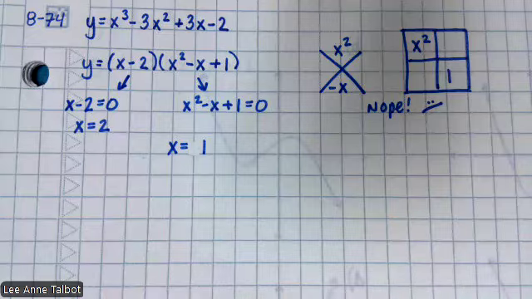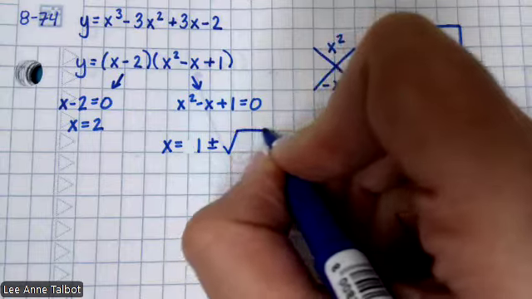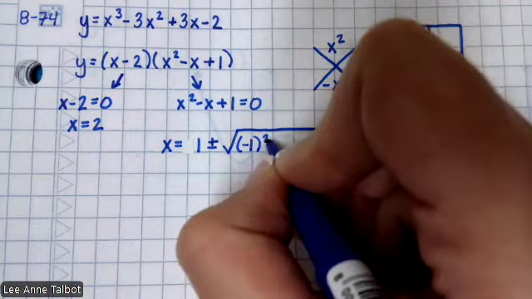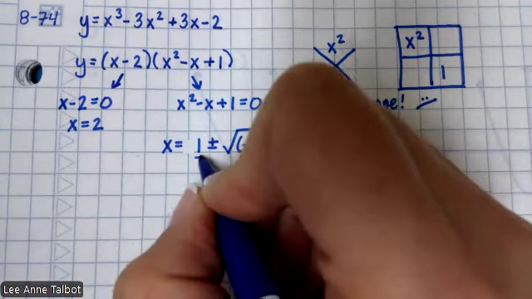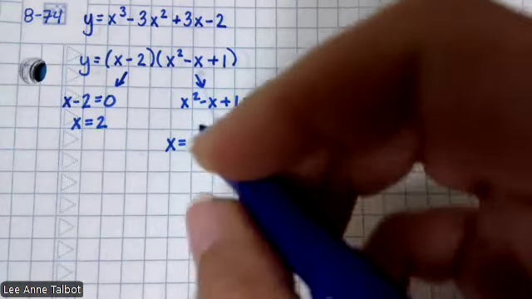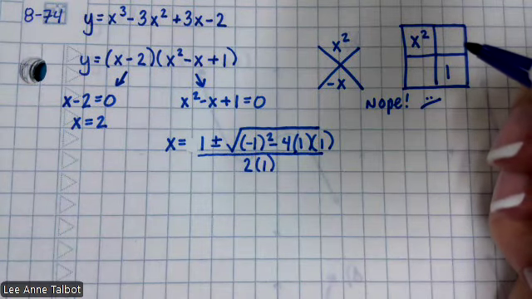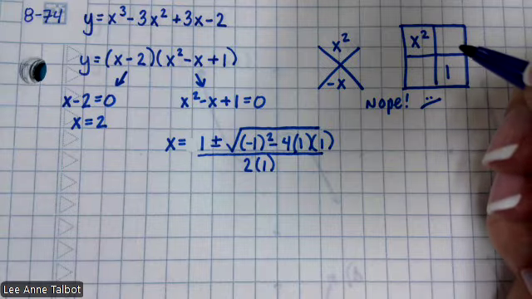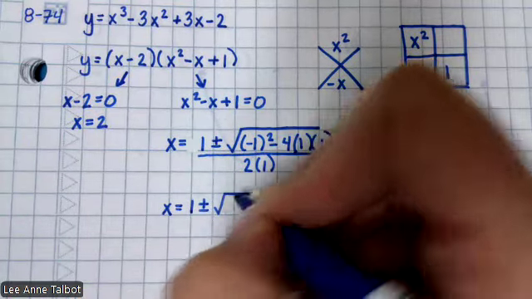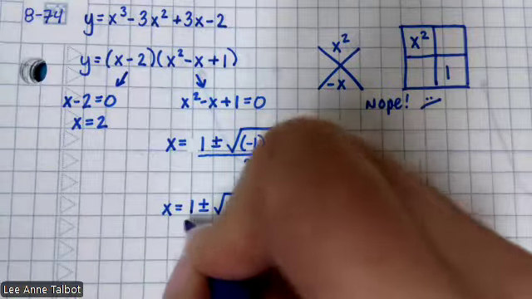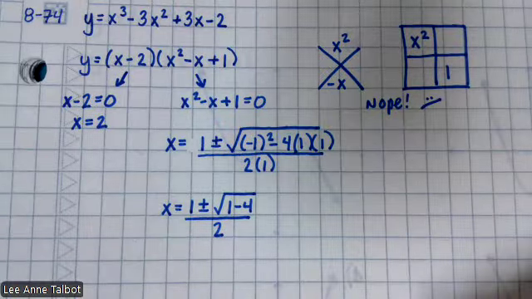Negative b plus or minus square root b squared minus 4ac all over 2a. That's why box and diamond didn't work.